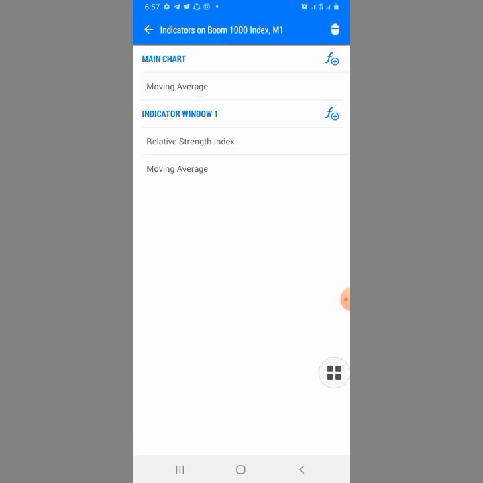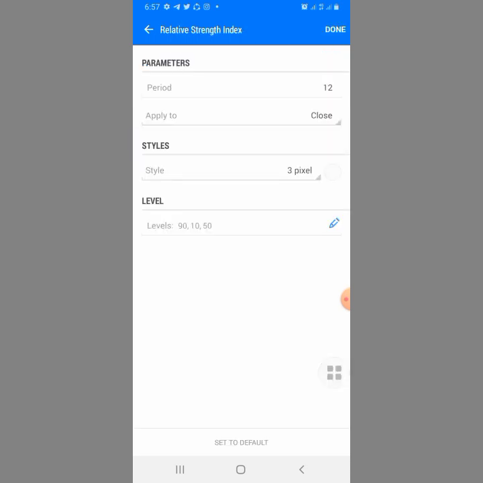Now the next thing is the window indicator 1, which is the RSI. This time we are not using period 50, we are using period 12, apply to close. My style is white, which is my background color.